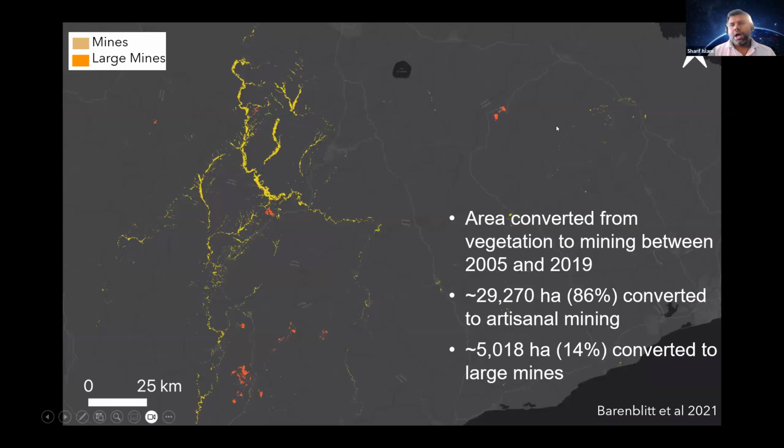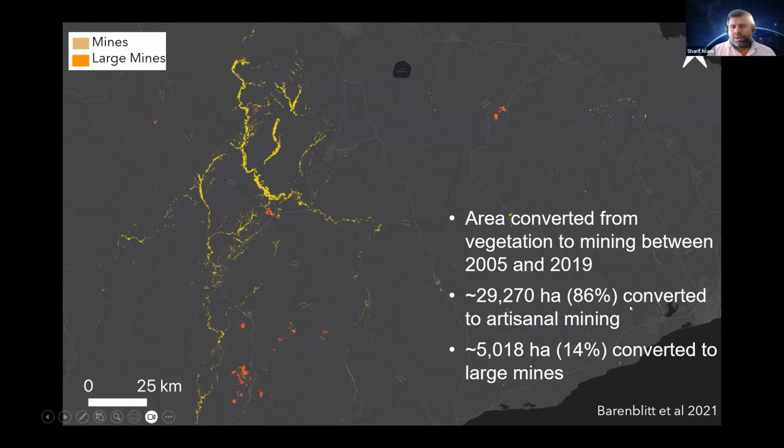This figure is showing the large mining and artisanal mining. If you look at this figure, the orange areas are showing the large mines. Those are companies who are digging for gold, and the yellow areas are showing artisanal mining.